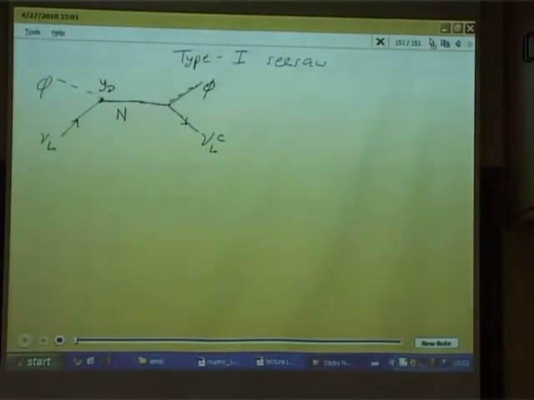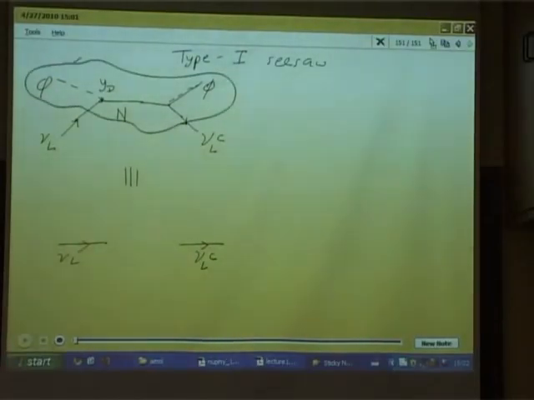So what is happening now? If I have a process that looks like this, this is equivalent to a nu L coming in, nu L C going out, and everything here I can take into account.